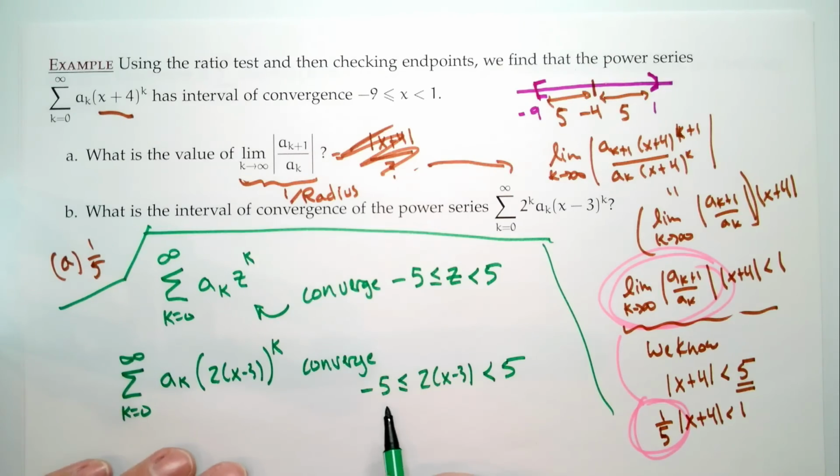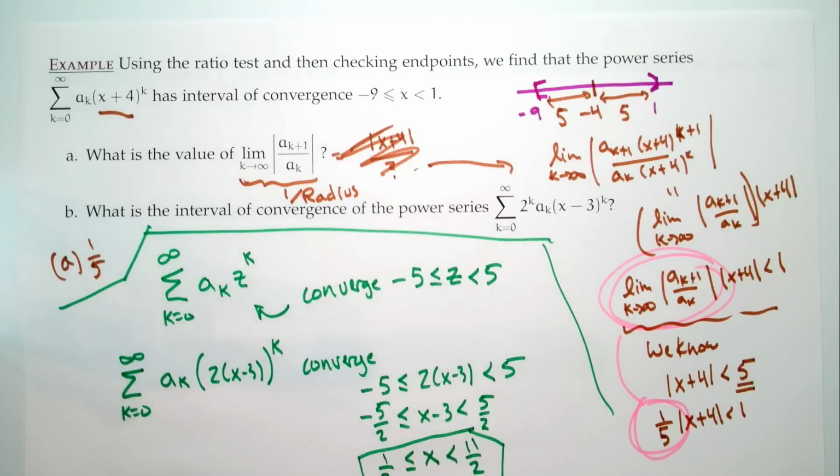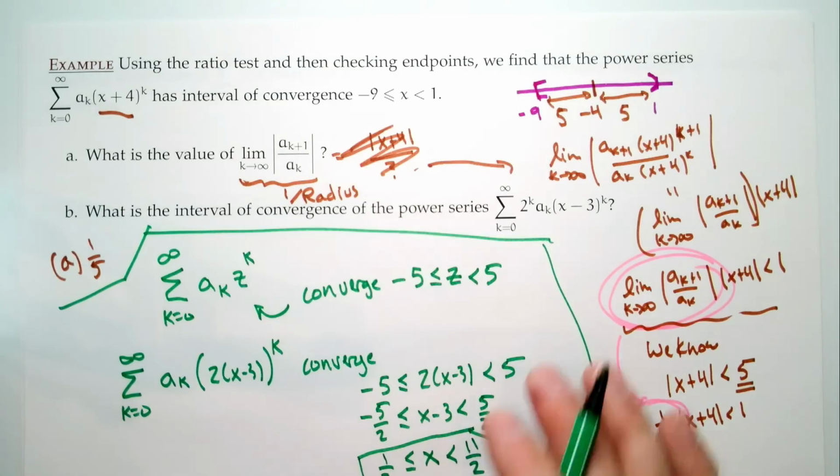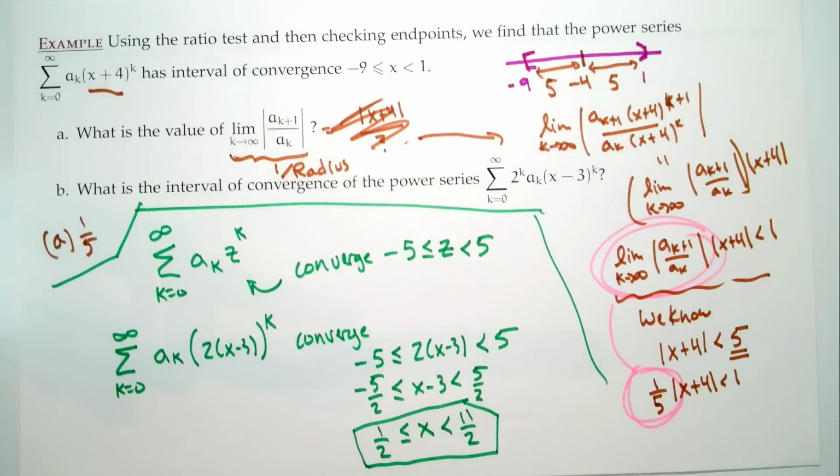At this point, we can do some simple things. We can divide everything by 2: -5/2 is less than or equal to x minus 3, less than 5/2. And now add 3 to everything: -5/2 plus 3 would be 1/2, less than or equal to x, less than 5/2 plus 3. That'll become 11/2. So the answer to part B is 1/2 less than or equal to x less than 11/2.